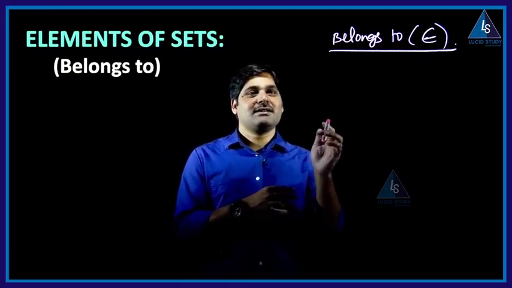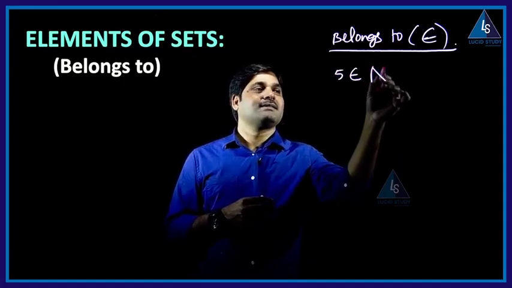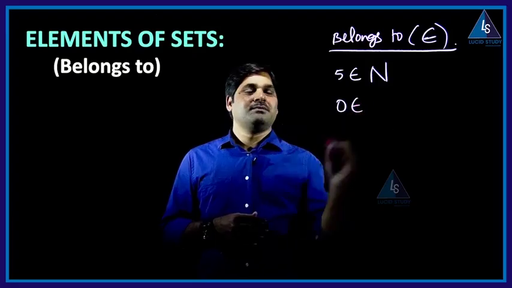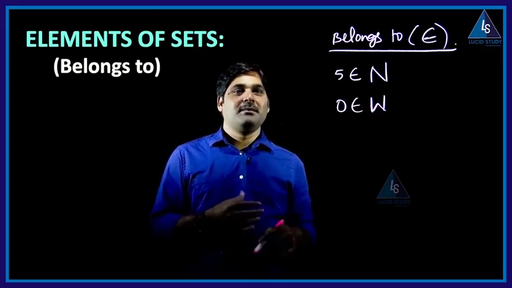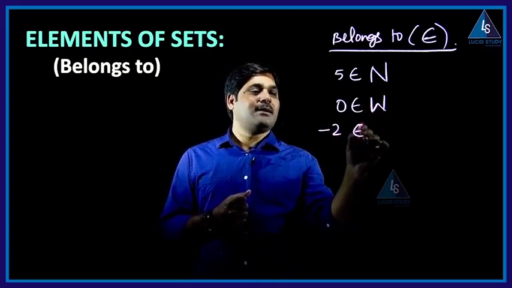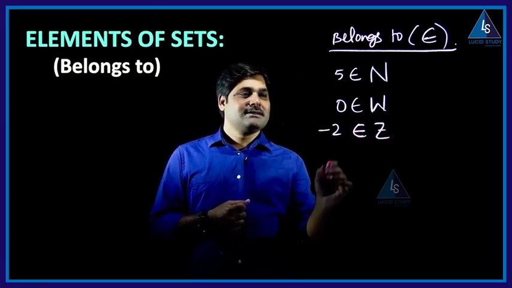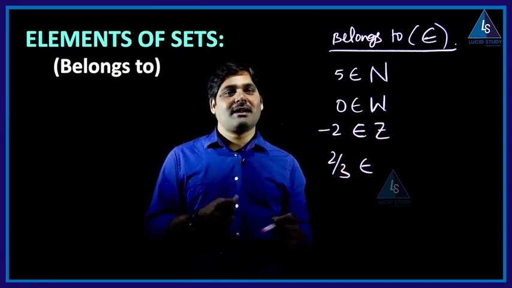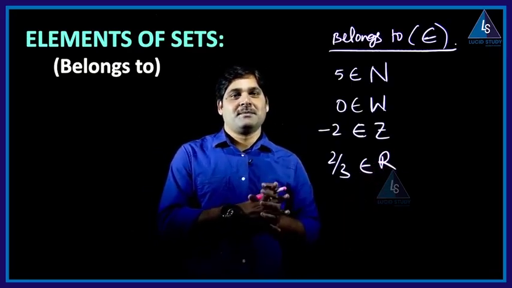Suppose natural number 5 belongs to natural number set N. 0 belongs to whole number set W. Similarly, minus 2 belongs to integers set, that is Z. Similarly, 2 by 3 belongs to rational number set or real number set R. So like this we will represent.